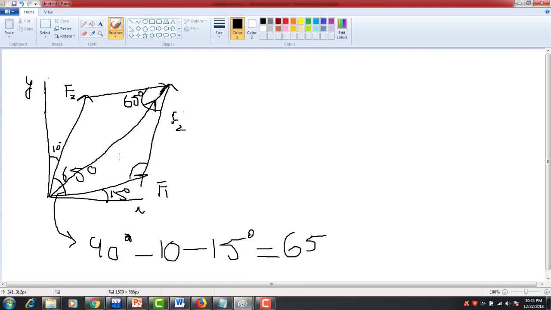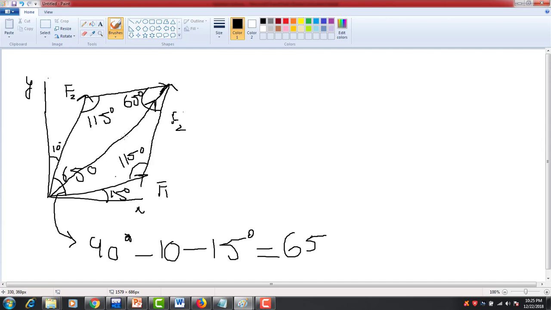So 115 degree this and this. Because the opposite angles are the same, 115 degree here also.